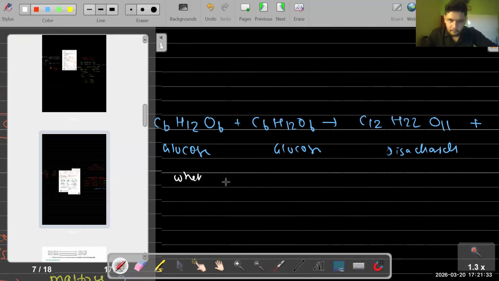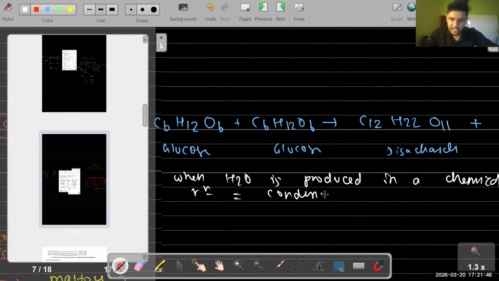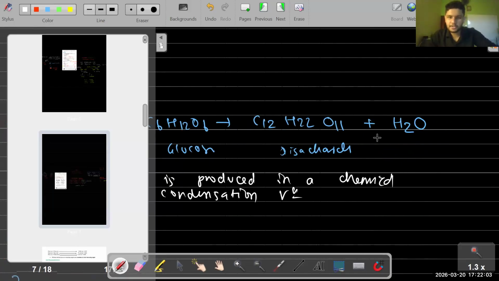When water is produced in a chemical reaction, that type of reaction is called a condensation reaction. What type of reaction? Condensation reaction. So when at the end of a reaction water is produced, that is called a condensation reaction. So is this a condensation reaction? Yes or no? Yes, because a water molecule is produced.